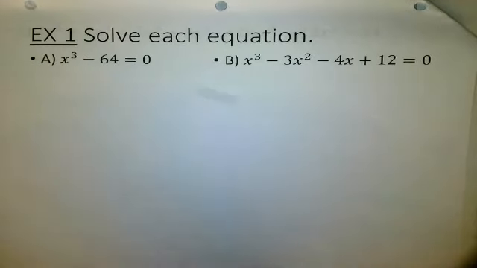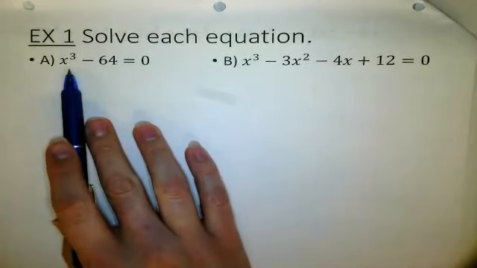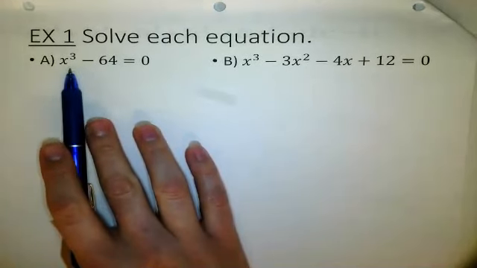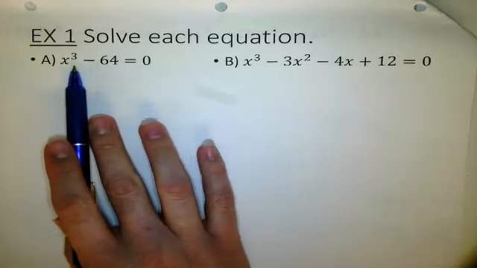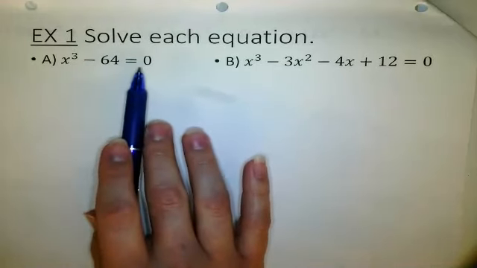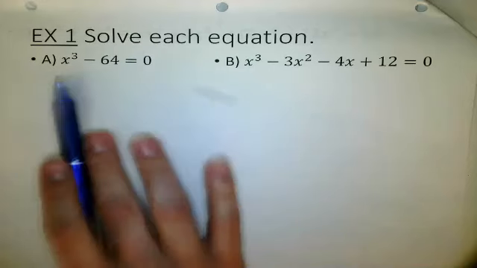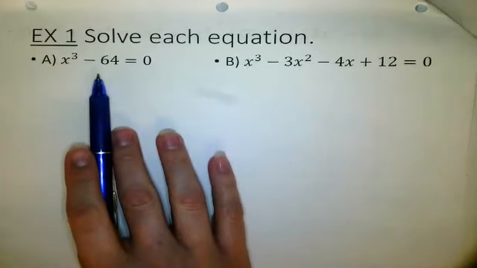Ladies and gentlemen, we want to solve for all of the solutions, and there is a shortcut method. You could add 64 and then take a cube root. That would only give you one answer. How many answers are there? 3.